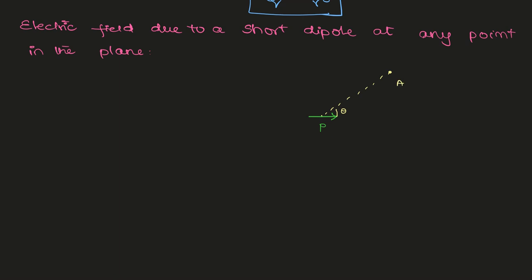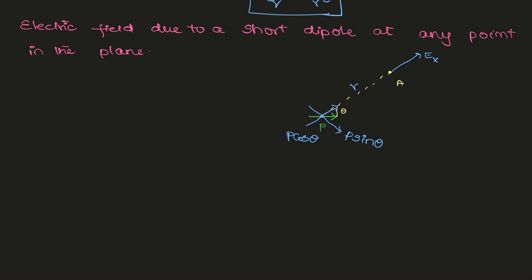This dipole, we can resolve into components. Along that line, it will be P cos theta, and perpendicular to that line, it will be P sin theta. For P cos theta and P sin theta, the center is the same. From the center, the distance is R only. But for P cos theta, that point A will be an axial point, so we'll have one field like this.